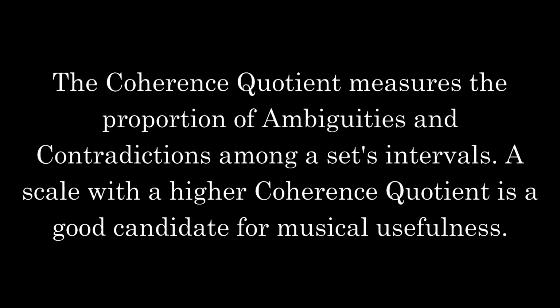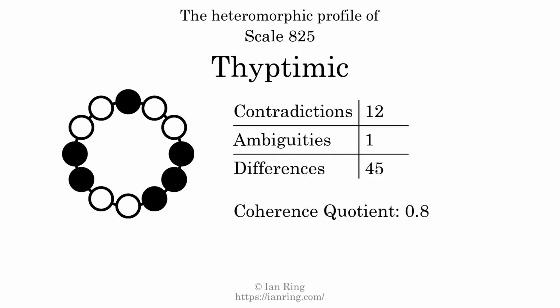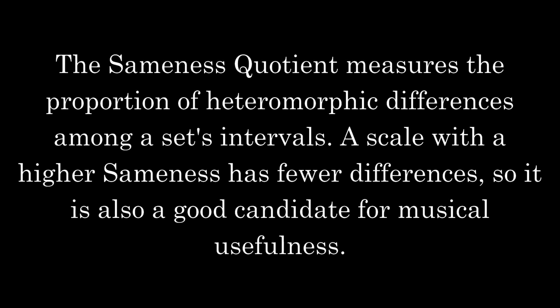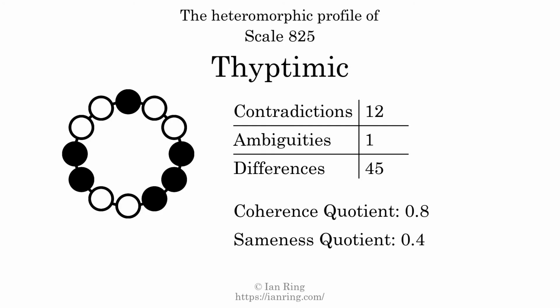A scale with a higher coherence quotient is a good candidate for musical usefulness. The coherence quotient is 0.8. The sameness quotient measures the proportion of heteromorphic differences among a set's intervals. A scale with a higher sameness has fewer differences, so it is also a good candidate for musical usefulness. The sameness quotient is 0.4.